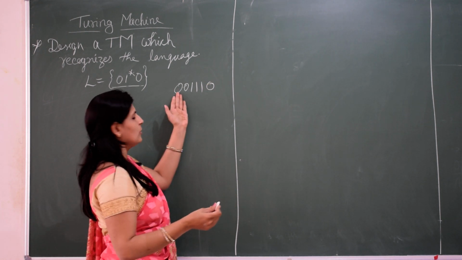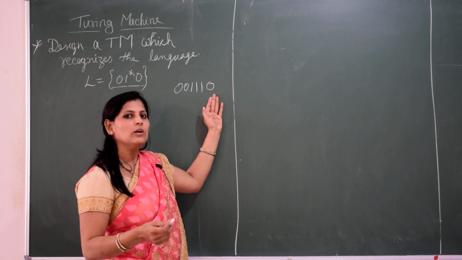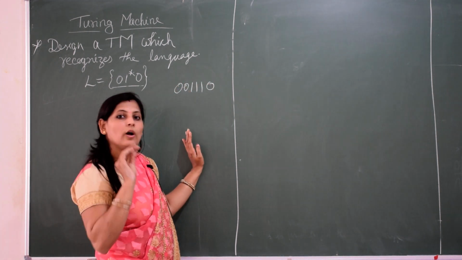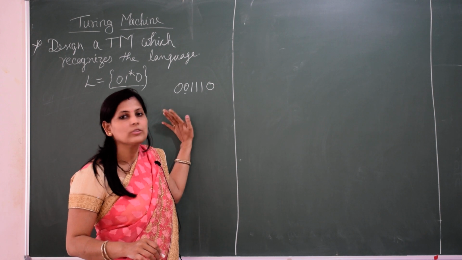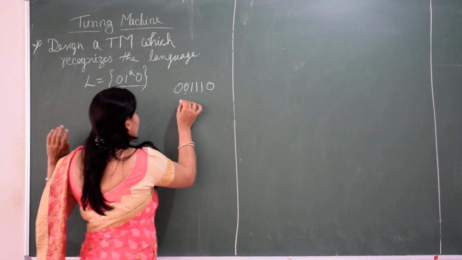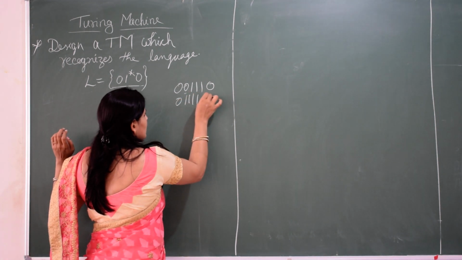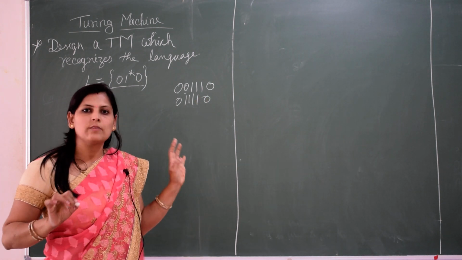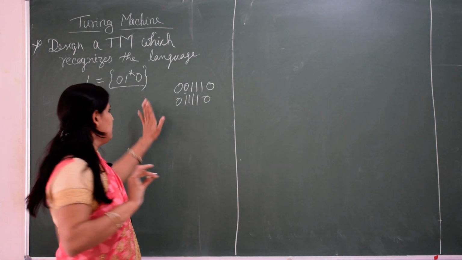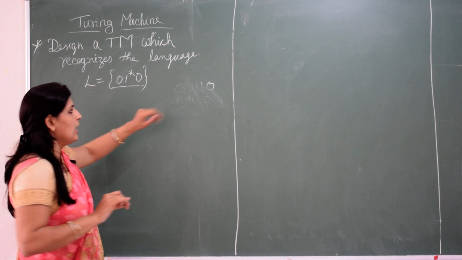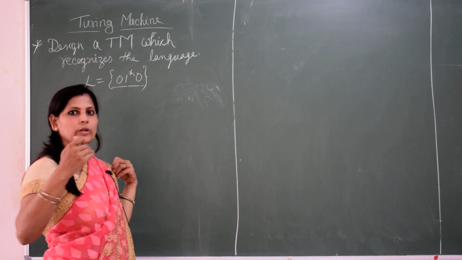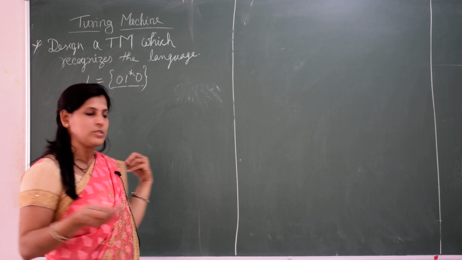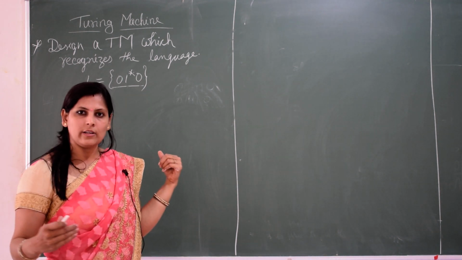We can say that starting and ending is 0, but in between it is not n number of 1s, we have one more 0. So, this type of string should not be accepted. If instead it is like this, then this type of string should be accepted. So, let us see how to design. First we will see how it works on the Turing machine, then we will go for the graphical representation.